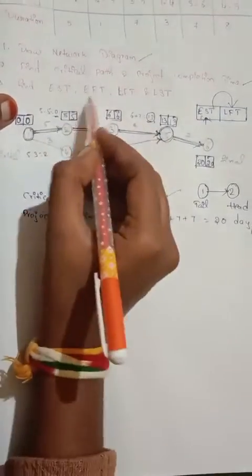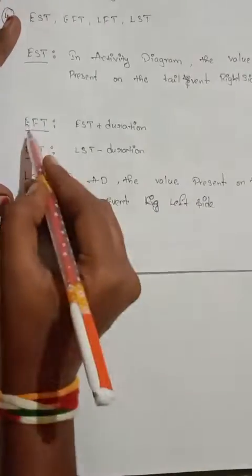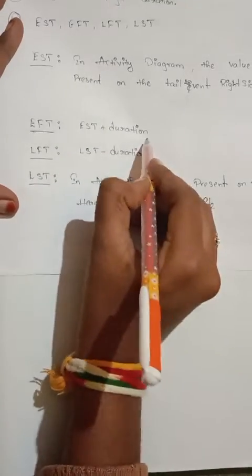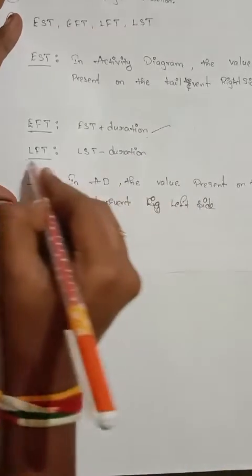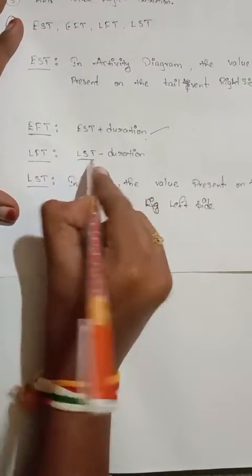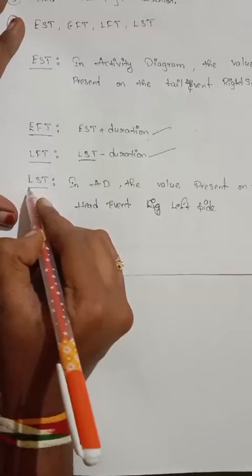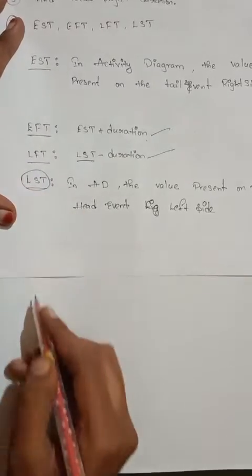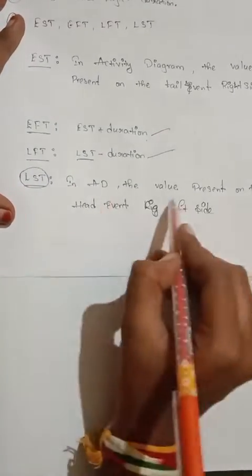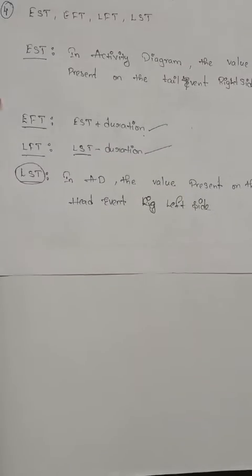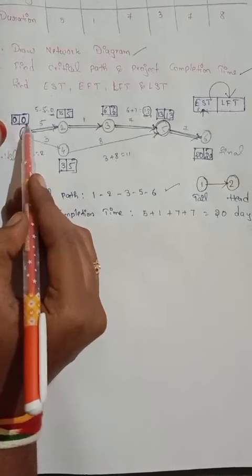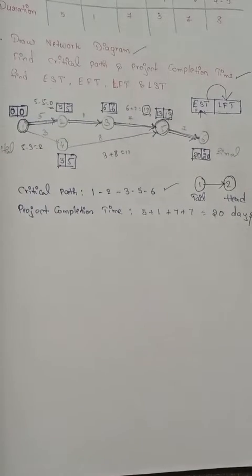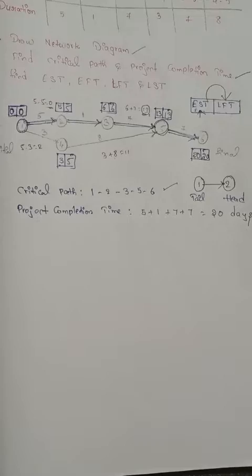So I will say here, EFT means EST plus duration. So whatever the duration time we have, we are going to add it here. For LST, from LFT we are reducing the duration. So here LFT, you already know, is whatever the value present on the left side in the head value. Then see the answer for the third question.